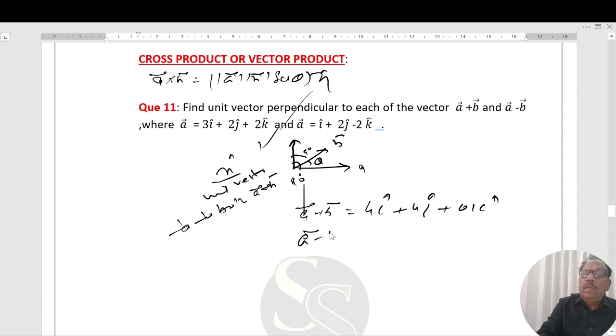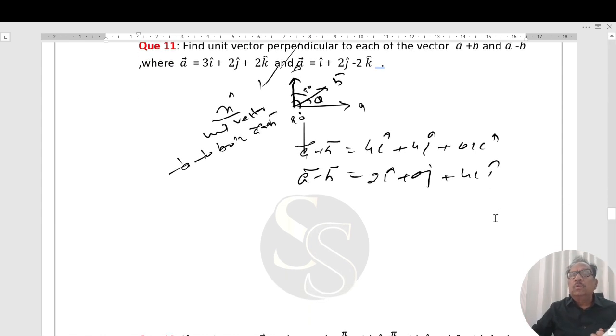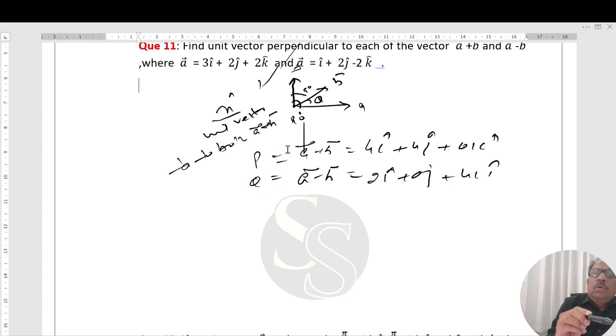And A minus B will be equal to A minus B, this is vector B, right? 2i plus 0j plus 4k. These are the two vectors. So say this vector is P, this vector is Q.